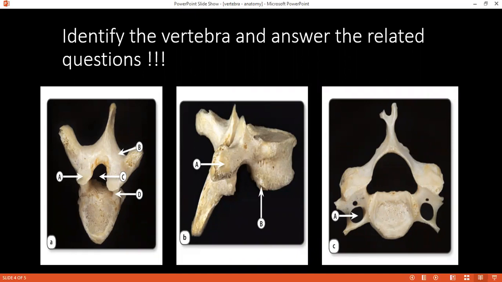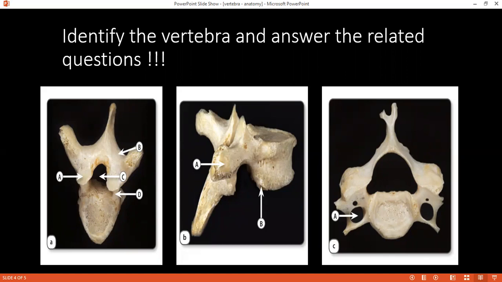Can you tell me the features of the first cervical vertebra? Yes, the first cervical vertebra has no body and no spine. How is it different from the second cervical vertebra? The second cervical, which is the axis, has a body which projects upward to form the odontoid process, and also a thick spine.